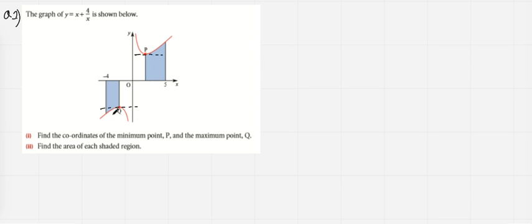So of course the slope of these tangent lines is going to be 0, right? We know that derivative helps us in determining the slope of the tangent line drawn at a particular point, right? So in order to find out the coordinates, we first of all find the derivative of this function y, and then we equate it to 0 to find the x coordinates of these extreme points, right?